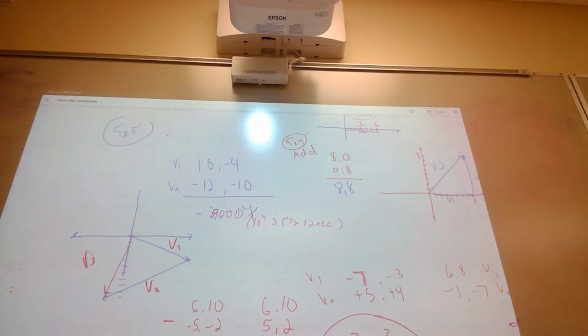The second starts at the end of this, going -5, -4. So from the end of the first one, you go -5, -4. Okay, so now from here. Now go -5, -4.